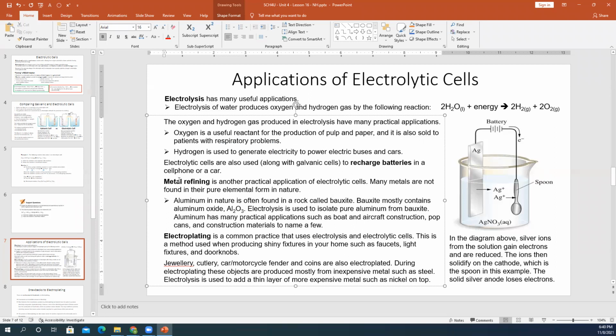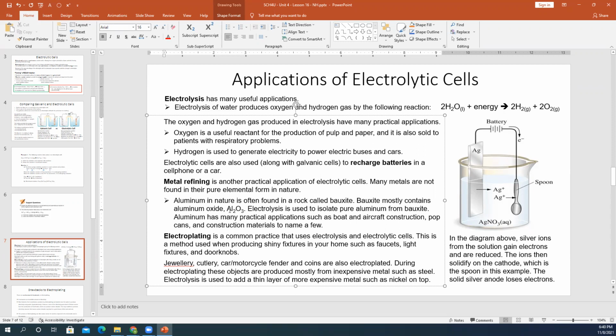Electrolytic cells are also used in metal refining. Many of the metals that we find aren't found in their pure elemental form in nature. Wherever they're mined, it's not a pure source of that metal. For example, aluminum, when it's found in nature, is found in a rock called bauxite. And bauxite contains a molecule called aluminum oxide.